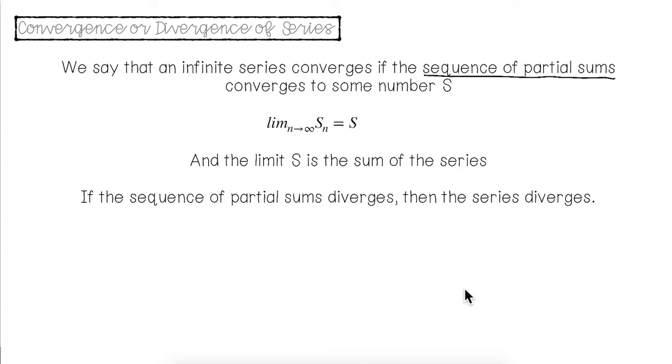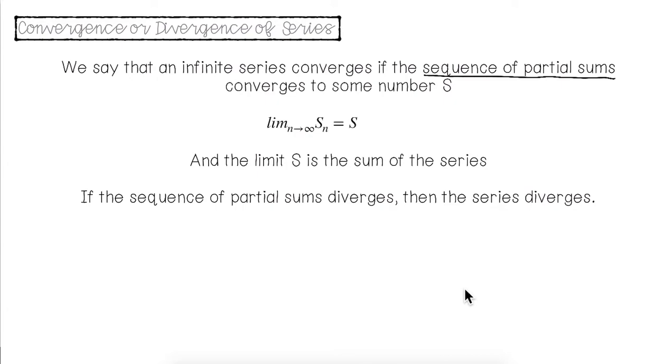So in other words, if we take the limit as n goes to infinity of S sub n equals some number S, a finite number, right? So if that happens, we say that that limit S is the sum of the series.